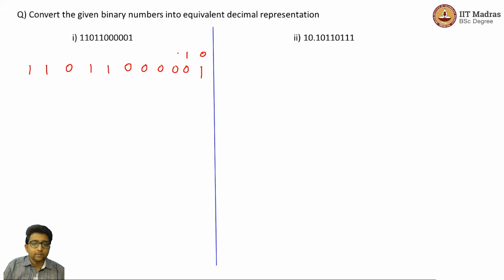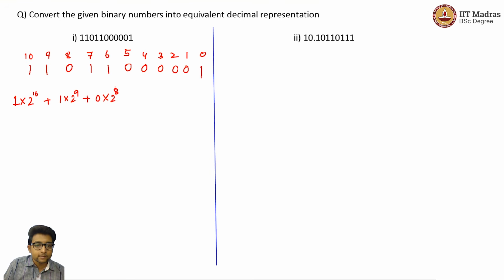So here it is 0, power 1, power 2, and likewise. Now since the first digit is 1, we will write 1 into 2 to the power of 10 plus 1 into 2 to the power 9 plus 0 into 2 to the power 8, and so on, up to 1 into 2 to the power of 0.